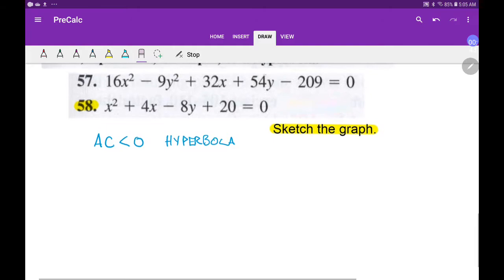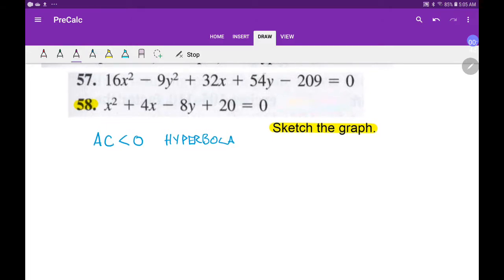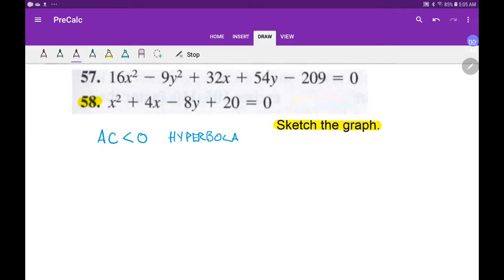So let me go ahead and do my normal thing here. I'll factor out a 16 from the x squared, which means I need to factor out a 16 from 32x, which is 2x. To complete the square, I write 1, which means I really added a 16, so I'm going to put 16 on the other side.